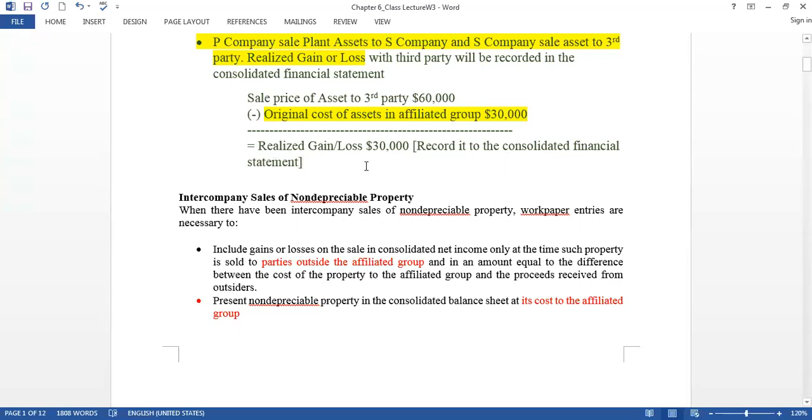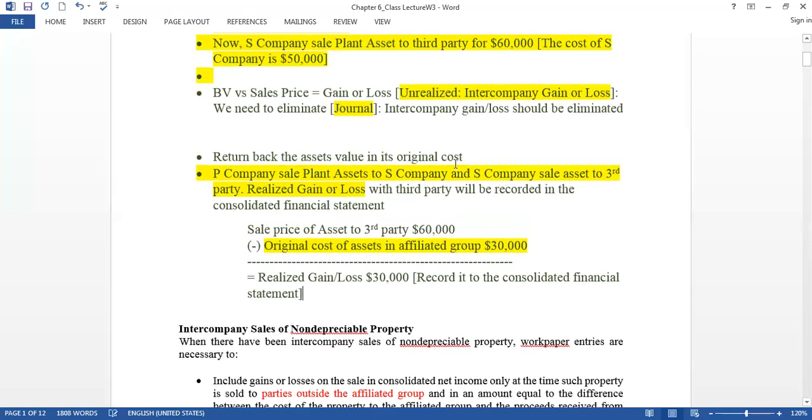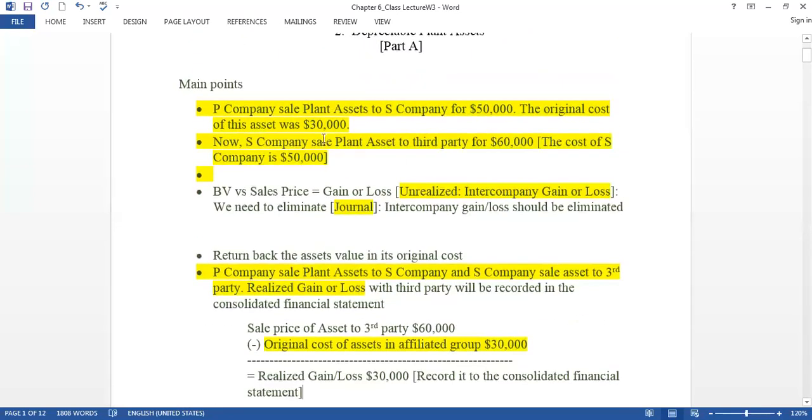And if we have any unrealized gain or loss, look at here. According to this example, which one is called unrealized gain or loss? Because the parent company sells the asset to the subsidiary for $50,000, right? This is the sales price, and the original cost is $30,000.